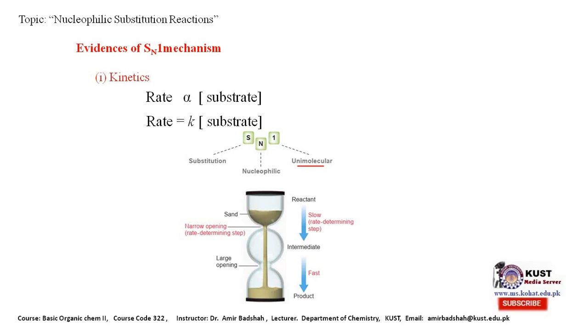Why is it so? Because it is the narrow one, it is the slow one, and this is the large one, it is the fast step. So the formation of the product in the SN1 mechanism depends only on the rate determination step, not on the second step, because the rate determination step is the slow step and the following step is the fast one.